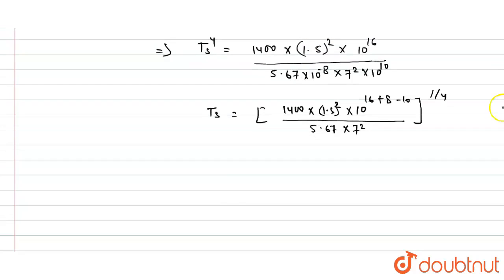On solving we get the value of Ts as nearly 5800 Kelvin. So the temperature of the sun is approximately 5800 Kelvin.